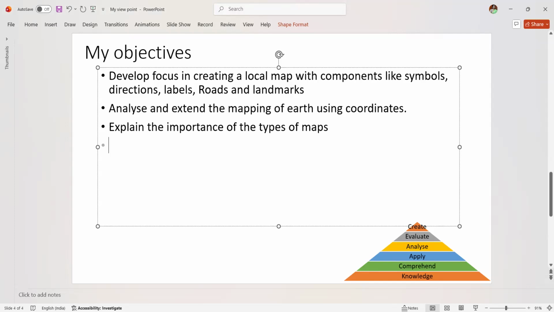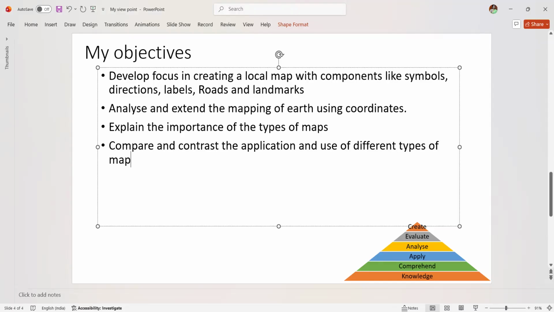Next, compare and contrast the application and use of different types of maps.